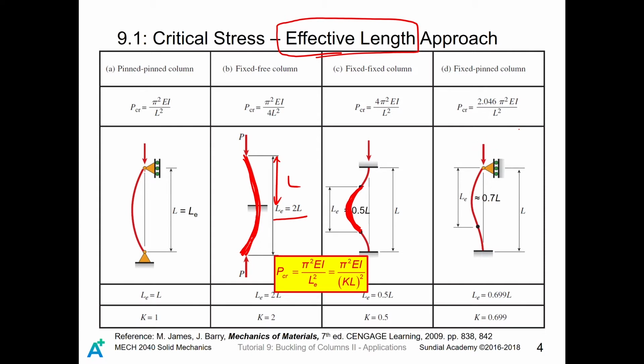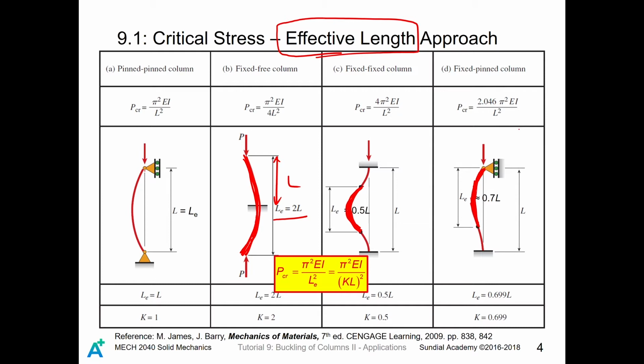If we look at the bowl shape of this column, you can see that its length is approximately 0.7 L relative to the entire length. So that is the concept of effective length.